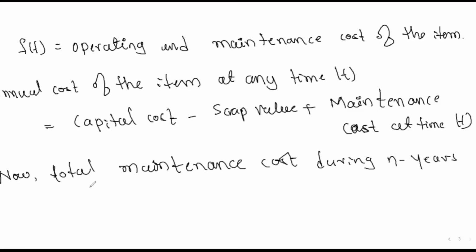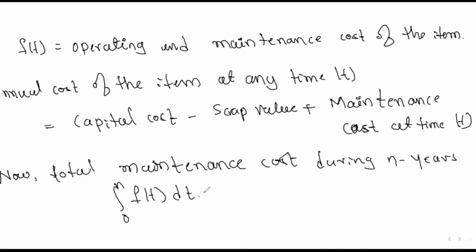What we defined is the total cost T average for 1 year. Suppose we want the total maintenance cost for the entire n years, it is given by the integral from 0 to n of f of t dt, right?